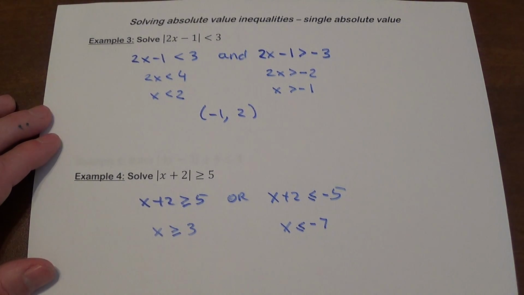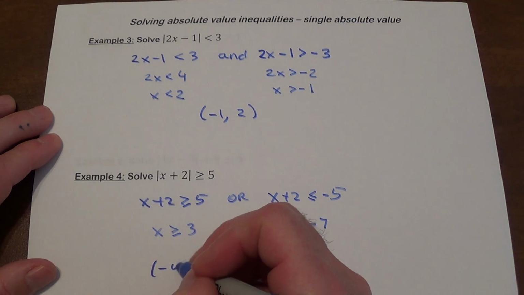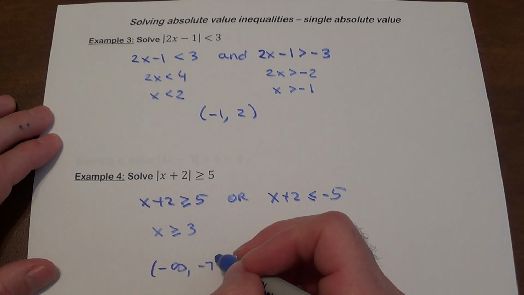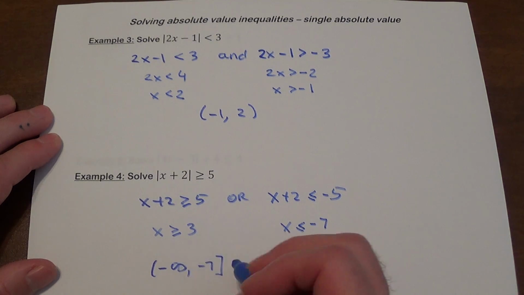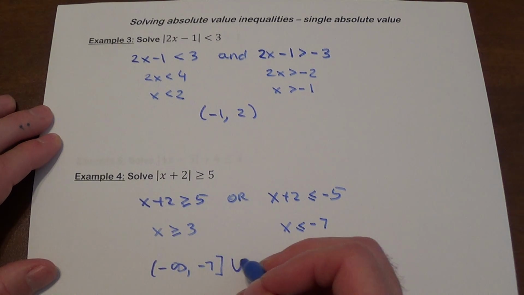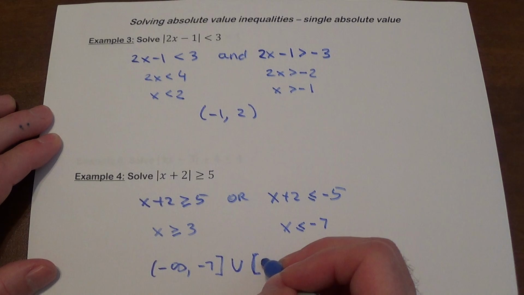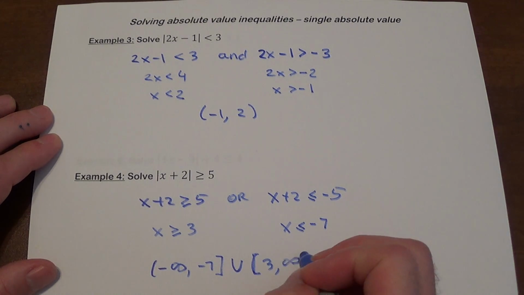Okay, so it's an or. Numbers are going to be either greater than 3 or less than -7. So we're going to have -infinity to -7, closed because it's greater than or equal to, or less than or equal to, united with closed from 3 to infinity.